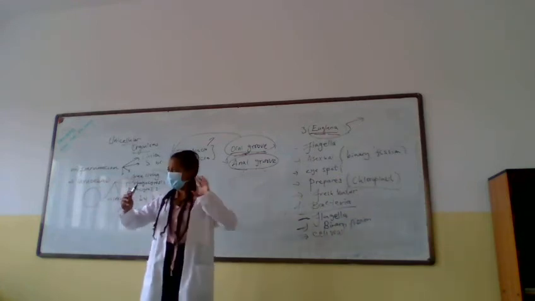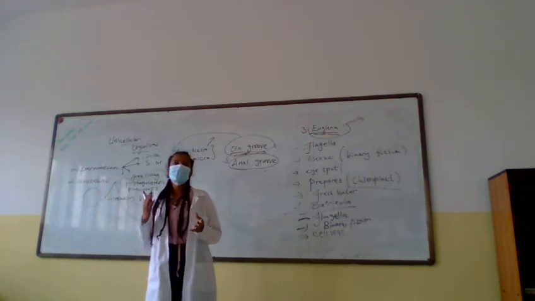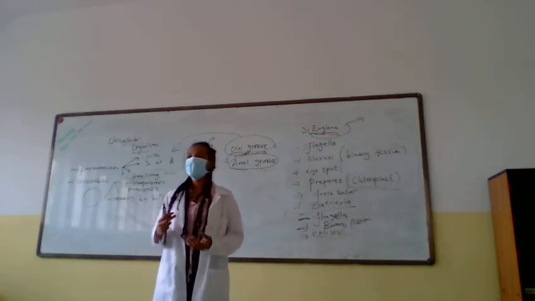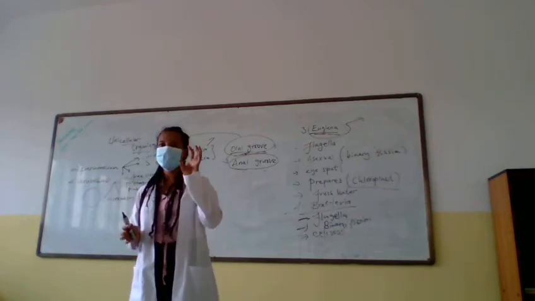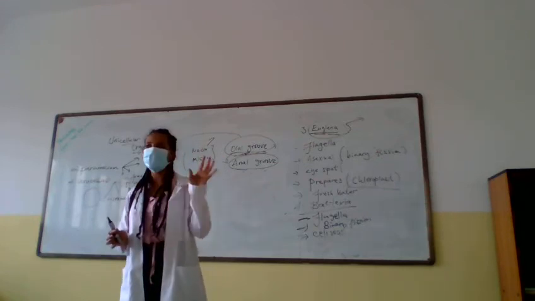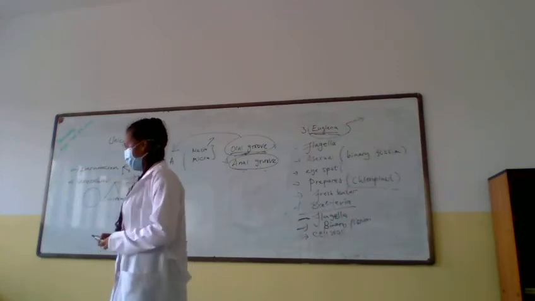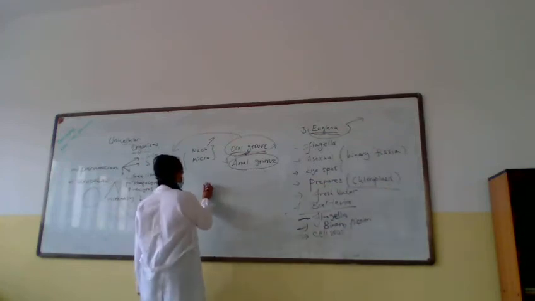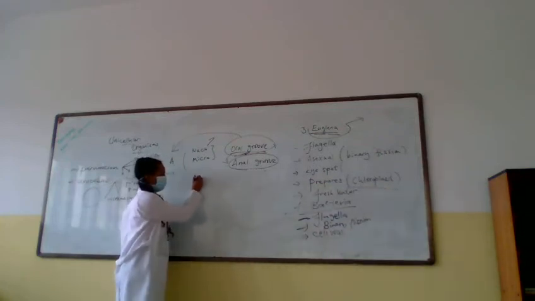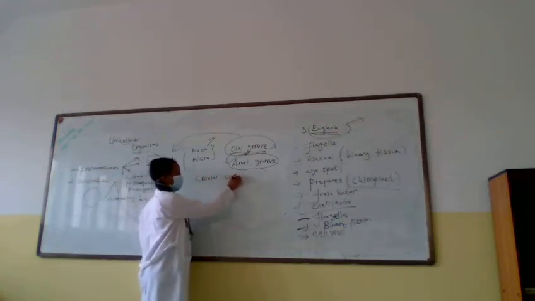And also, every unicellular organism is known to lack nuclear like cell organelles. What are the cell organelles that you remember? Can you remind me the list of cellular organizations?